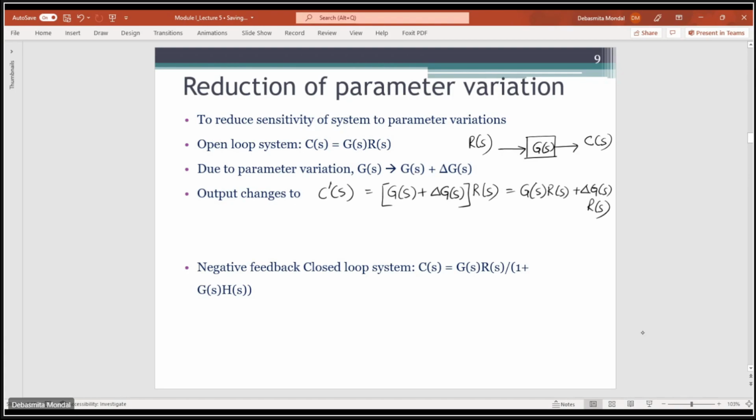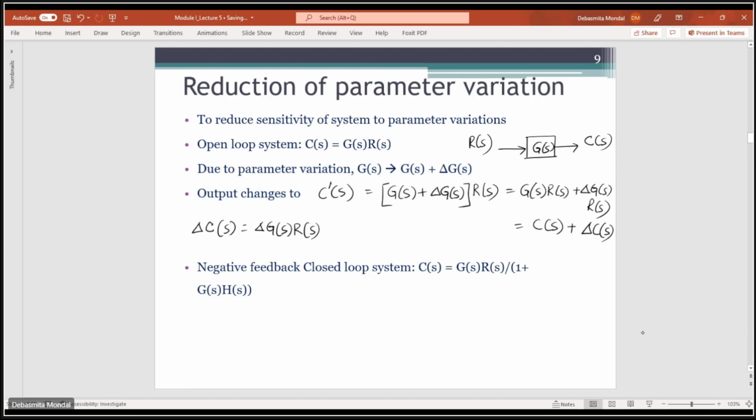G(s)R(s) was the open loop output C(s), and let's say this is delta C(s). So delta C(s) will be equal to delta G(s) into R(s). The change in output because of a variation in the forward transfer function by a value of delta G(s) is given by delta C(s) equals delta G(s) into R(s).